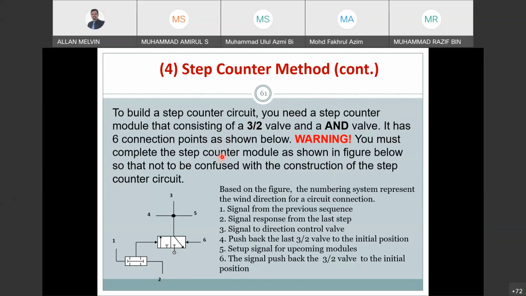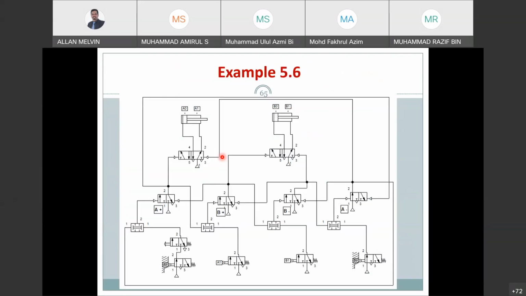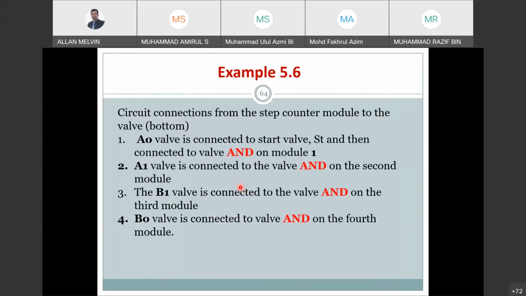If you look down here, this is your step counter module, with an AND gate and a 3/2. See, it connects to the 5/2. You don't put this one down here because you're only sending a signal. It only needs to give one signal to activate this one. So it is better to have a separate one. Okay, any other questions?